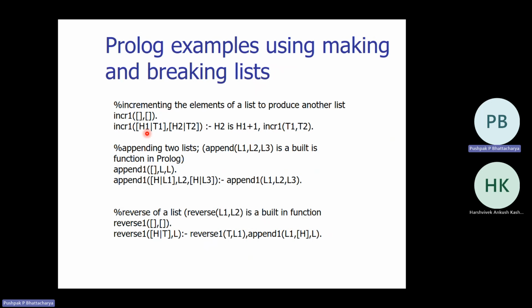So the first element is H1, the rest of the list is T1, and the result will come in H2 and T2. How? In this way: H2 is H1 plus 1, and increment 1 is T1, T2.